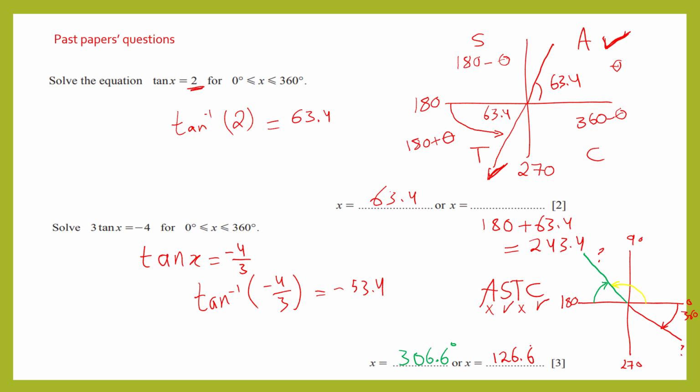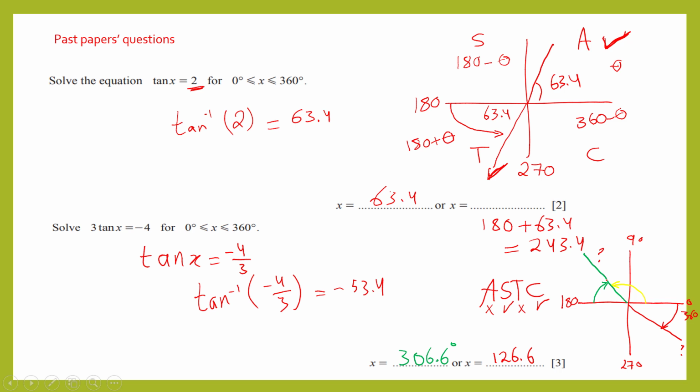So in this part, the negative is an indicator to know where the angle is located. Actually, it's located in the second and fourth because the tan is positive in the first and third. I don't need it. I need the second and fourth. So at the fourth, we will go anti-clockwise 53.4 degrees. And here we will go 53.4 degrees from the 180.